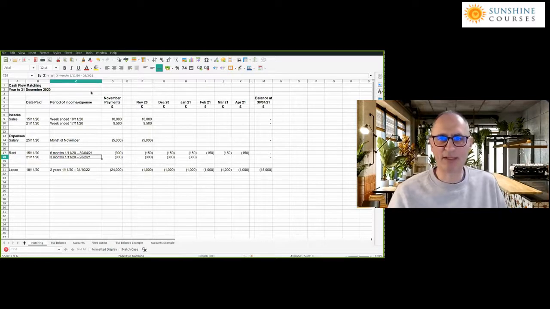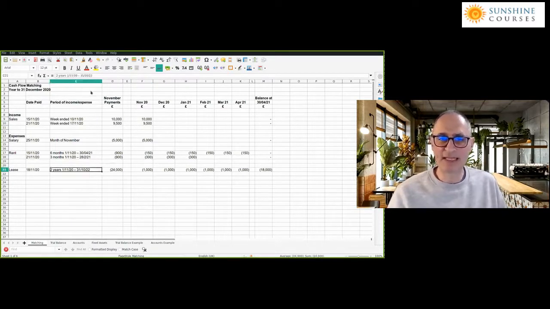This 3-month period, and again, if it's £900 over 3 months, I would allocate £300 a month. The first month, irrespective of when we paid it, we happen to have paid it in November, but the first month relates to the month of November. So I put £300 in November, same thing in December, same thing in January.